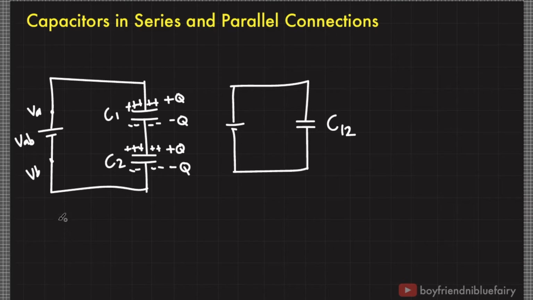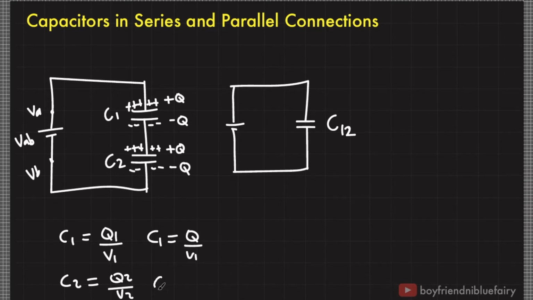Now the capacitance for C sub 1 is equal to Q sub 1 divided by V sub 1, and the capacitance for C sub 2 is equal to Q sub 2 over V sub 2. But we already established that they have equal charges, meaning capacitors in series connection have equal charges. So this becomes Q over V sub 1, and this one is Q over V sub 2. In other words, we just represented Q sub 1 and Q sub 2 with a single variable Q since they are equal.